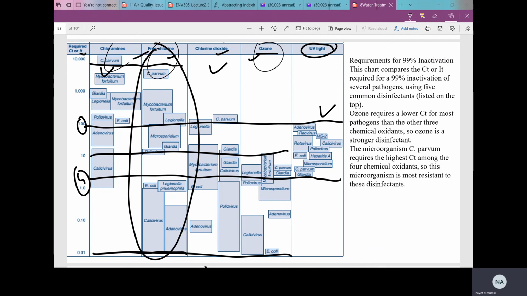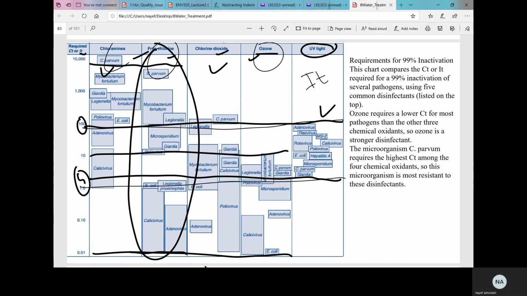Each disinfectant has a capability of inactivating a certain amount of microorganisms. Look at UV light. UV light doesn't have a CT, that has IT because it's radiation. So this is the range, how small the range of IT is for UV light.